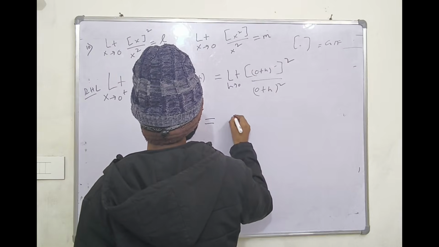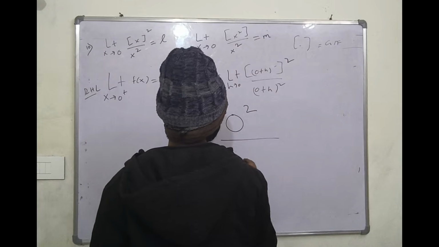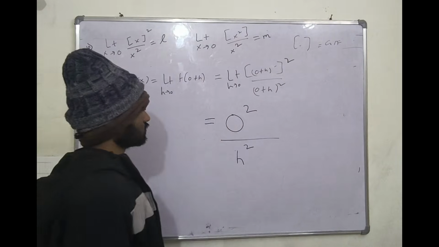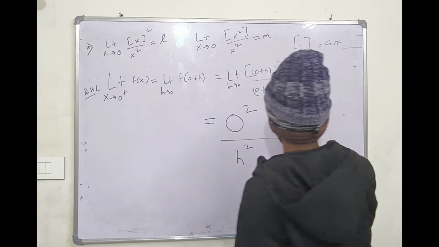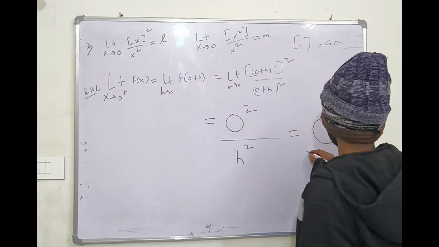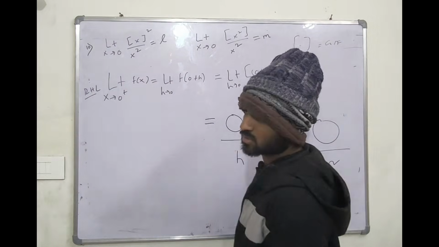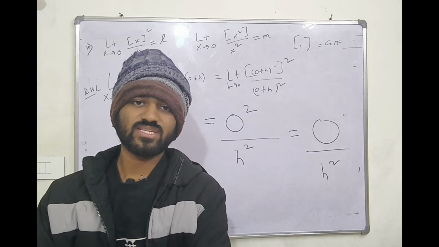So step of h is 0, and the square is h square. 0 square is 0 into 0 is 0, exactly 0 by h square. Here also exactly 0 by anything except 0.